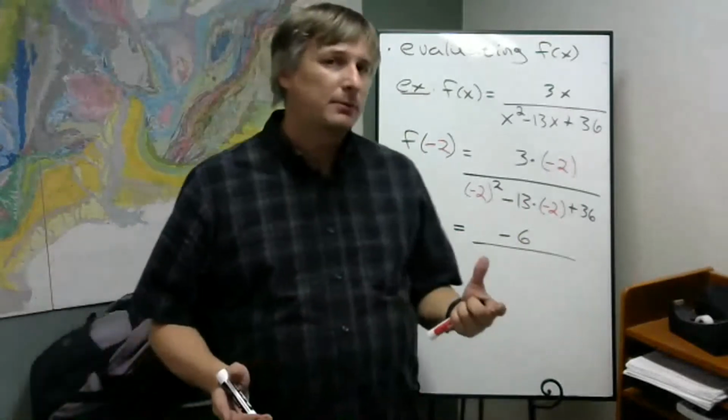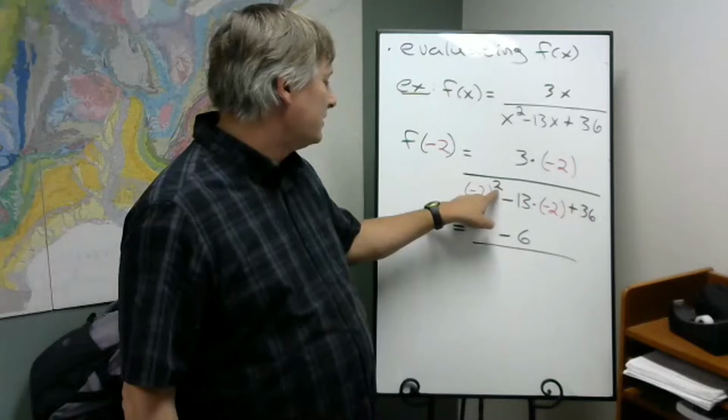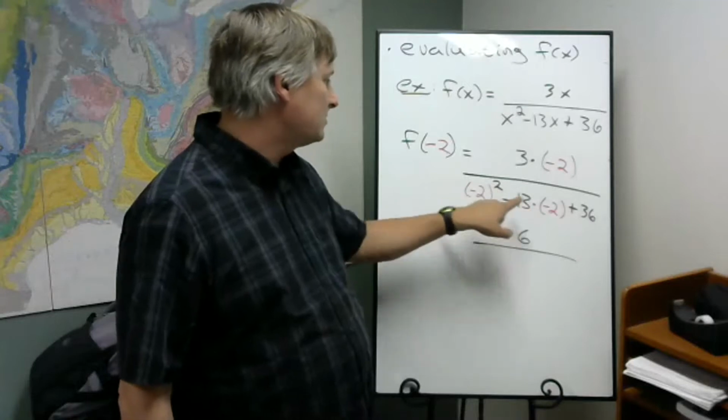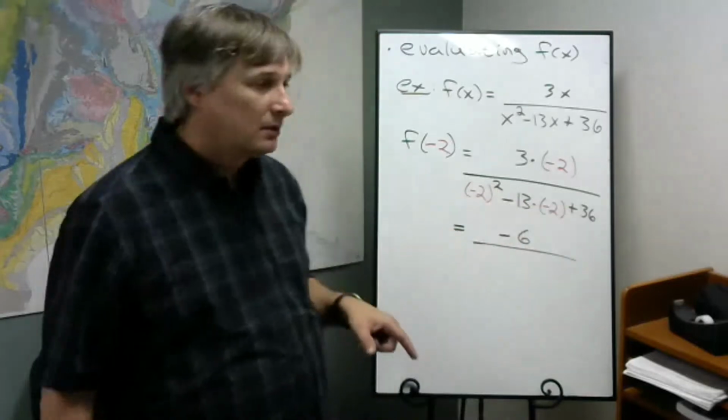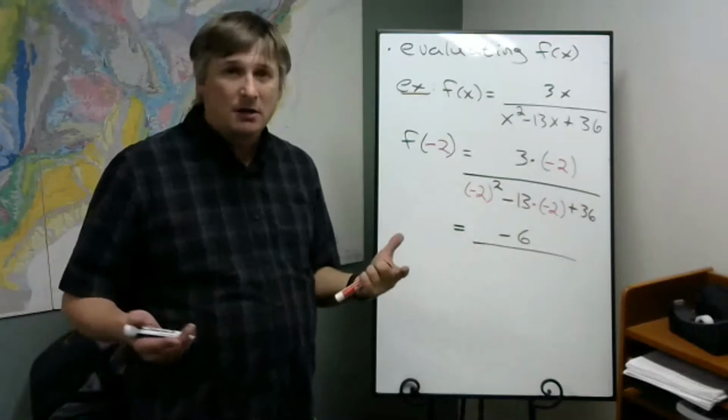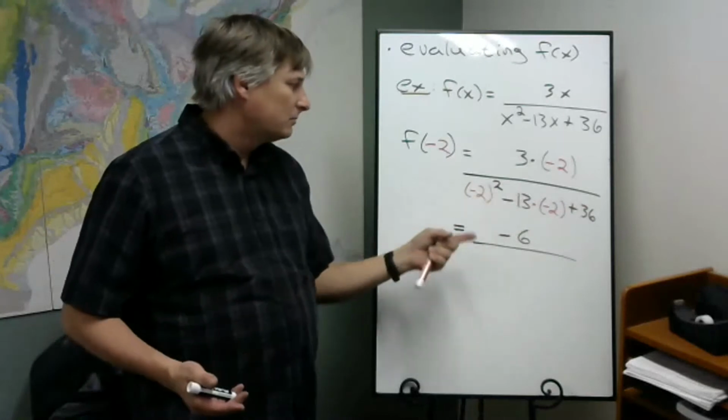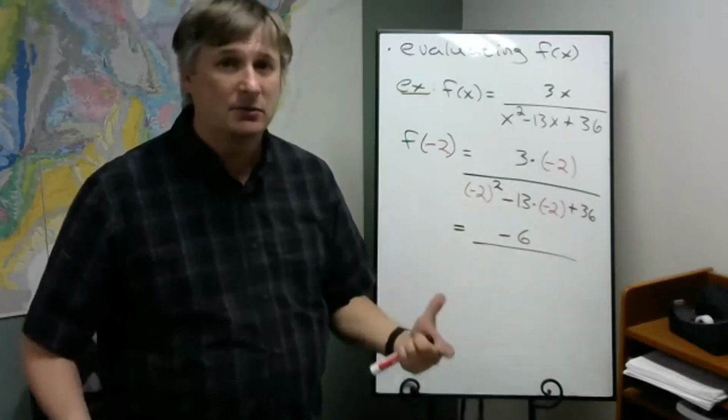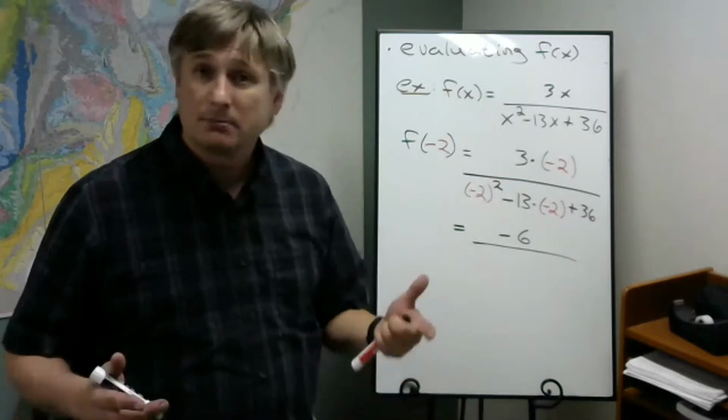Now on the bottom, it's more complicated. We've got an exponent, a multiplication, a subtraction, and an addition. So let's follow PEMDAS. Exponent. Well, negative 2 squared is negative 2 times negative 2. That's positive 4.